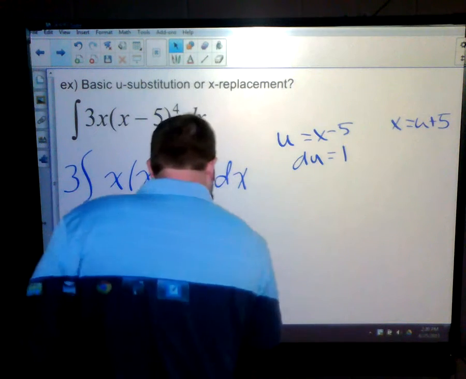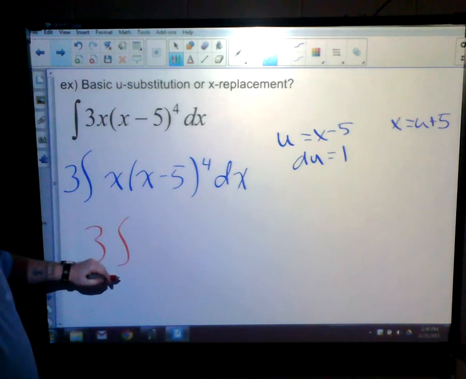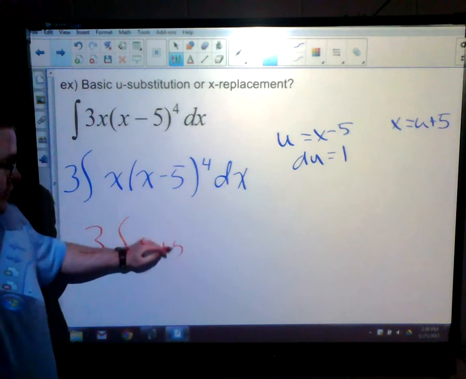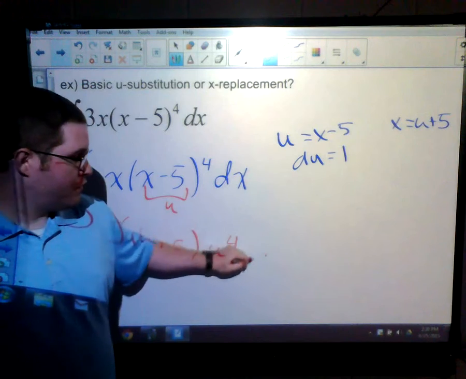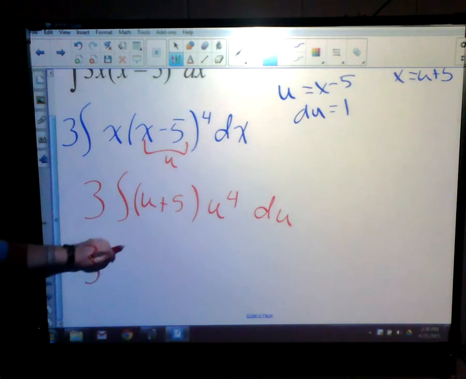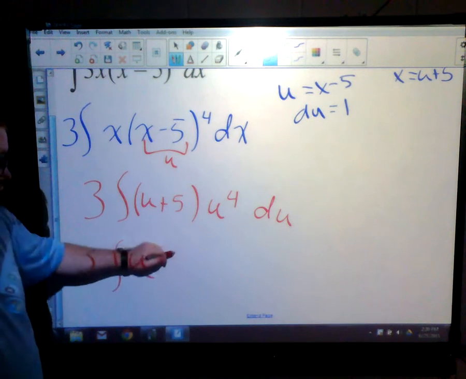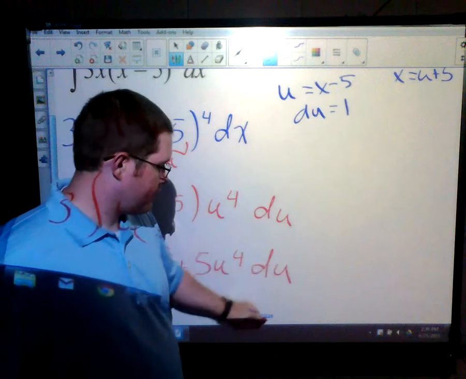So this problem is going to be 3 times the integral. X is u plus 5, and this is u to the 4th du. Now I can distribute in. That's u to the 5th plus 5u to the 4th du.